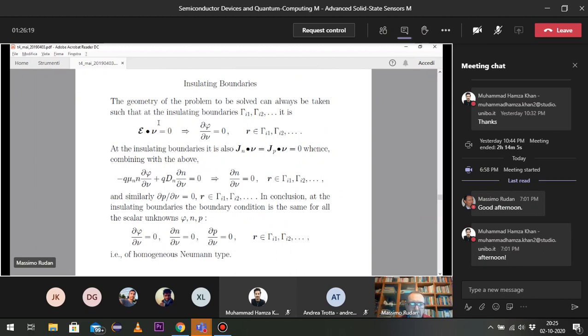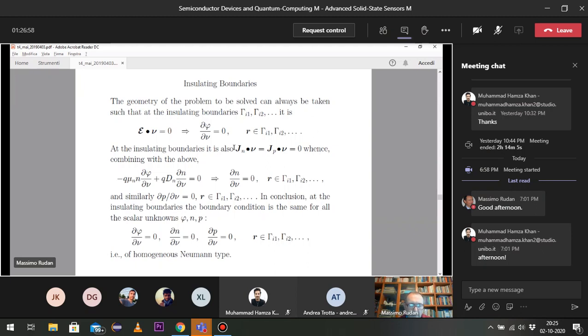We already found that at the insulating boundaries, the normal component of the electric field is 0. Ni, in the first formula, is the unit vector normal to the insulating boundary, okay? So E dot Ni equal to 0 is equivalent to the normal derivative of the potential equal to 0, okay? But we also notice that at the insulating boundaries, the normal component of Jn and Jp are 0.